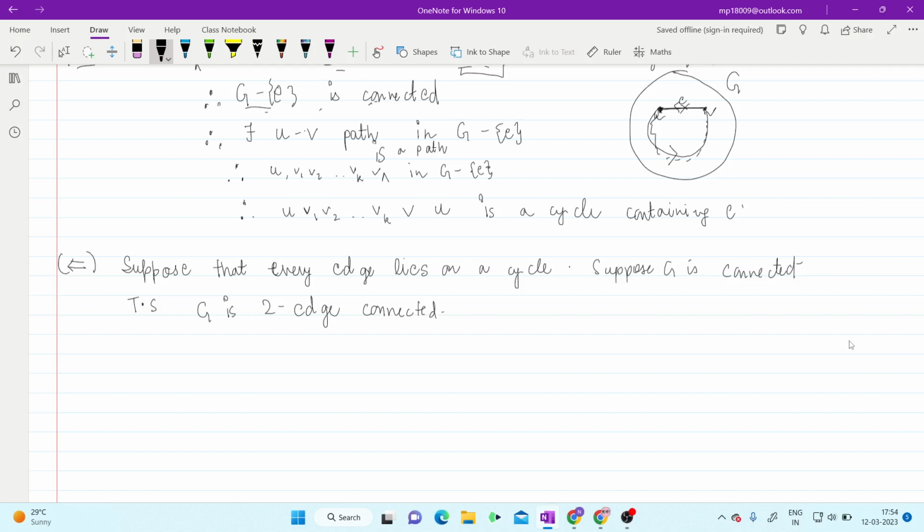If you remove one edge, there will be a path between its endpoints. So we consider G minus e, where e equals uv. Now e lies on a cycle, therefore there is a uv path.